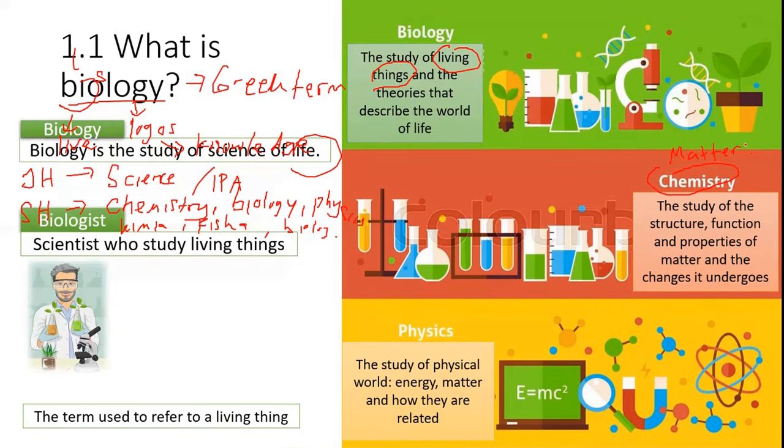The scientist is known as a chemist. Same as physics. And another term that refers to living things is organisms. We can say living things are the same as organisms.